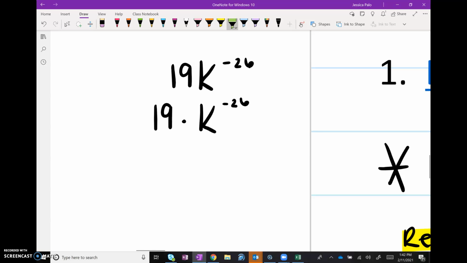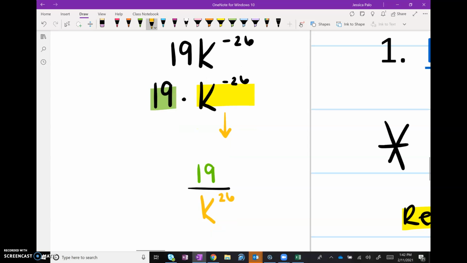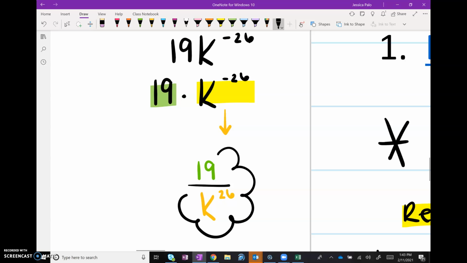We started with 19k to the negative 26th power, and we separate our 19 from our k, so we can clearly see 19 times k to the negative 26th power. 19 has no negative exponents, so it stays in our numerator, but k to the negative 26th needs to become positive, so we drop it down into the denominator, giving us a final answer of 19 over k to the 26th power.